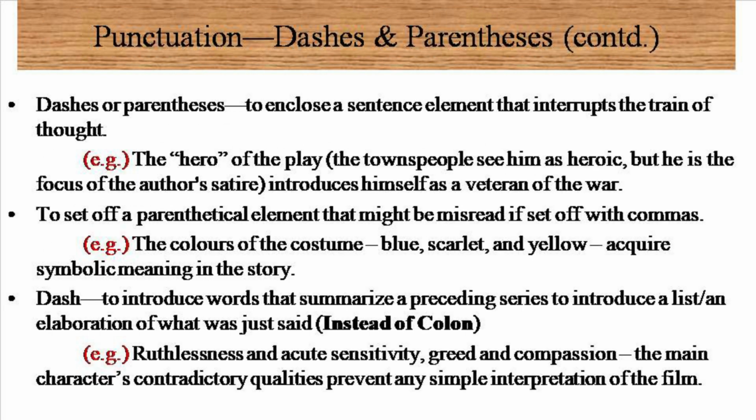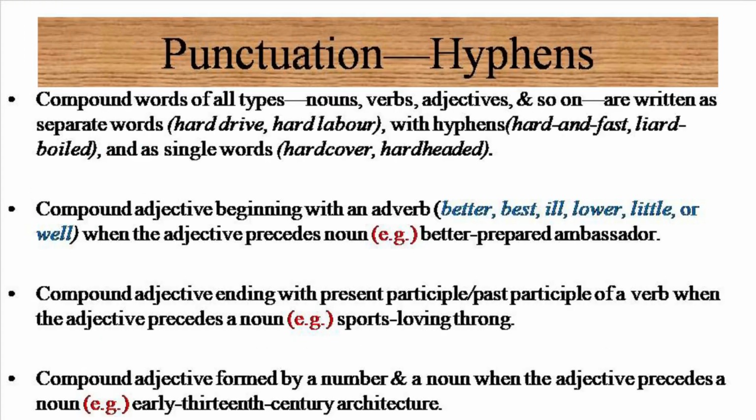Dashes or parentheses are used to enclose a sentence element that interrupts the train of thought or to set off a parenthetical element that might be misread if set off with commas. Dash is used to introduce words that summarize a preceding series, to introduce a list or an elaboration of what was said, just in the place of colon.